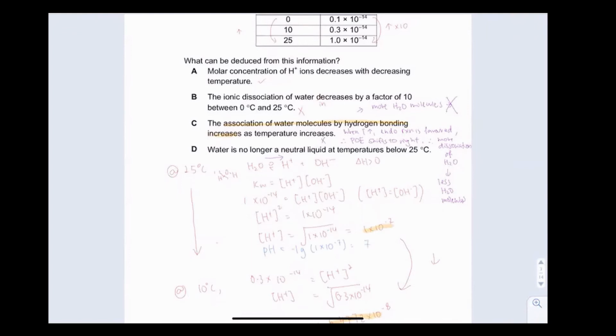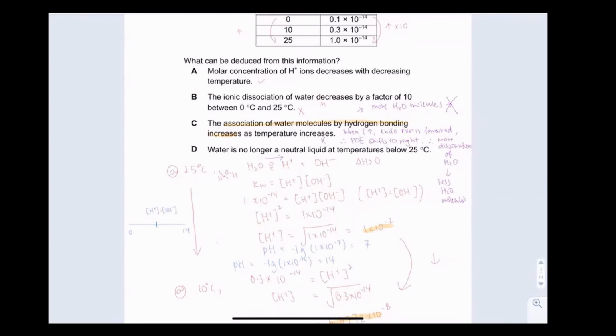And then let's take a look at the entire pH scale, meaning what is the maximum pH. So that will be negative log Kw, which is 1 times 10 power negative 14, which gives us 14. So this helps us to put things into perspective. So the pH scale runs from 0 to 14. Agree? And then in the middle will be the point where the concentration of H+ is equivalent to the concentration of OH-.